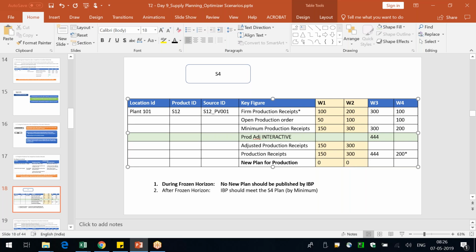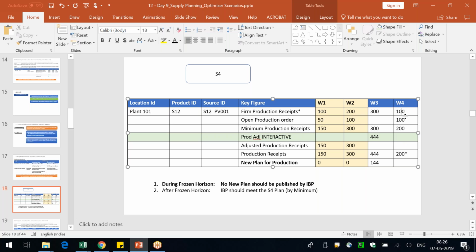Week 3, IBP said 444, but S4 has 300. What is the net? 144. I'll take the delta, this 144. Now this 144 is what actually goes to the S4 system for planning, for new planned order creation, etc. In week 5, IBP said 200.